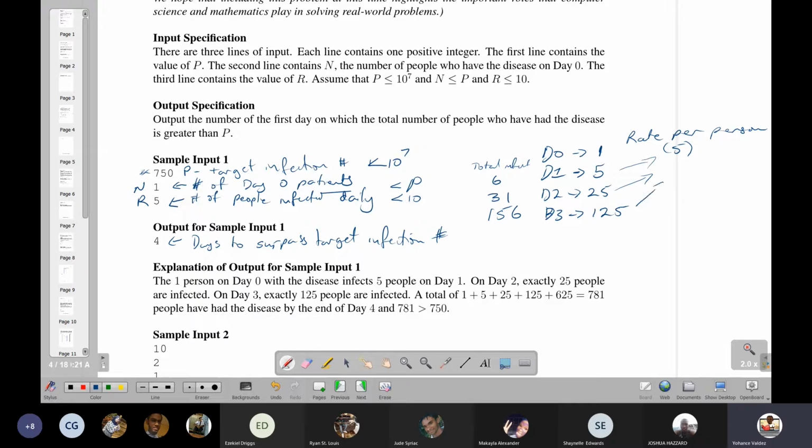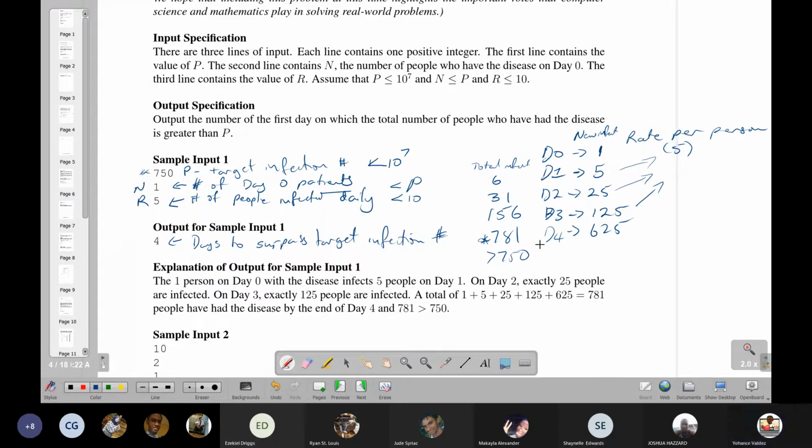And 125 by 5, day 4. So this is new infections, basically. Day 4, we'll have 625 new infections. 625 and 156 is 781. 781 is greater than 750.